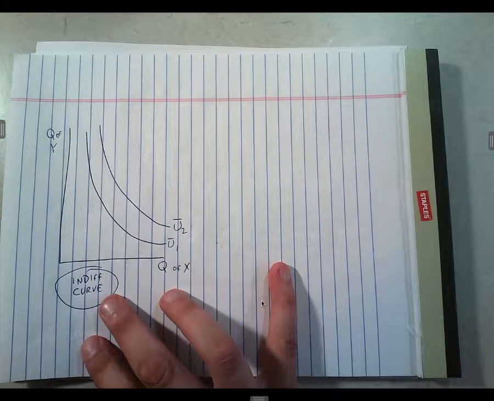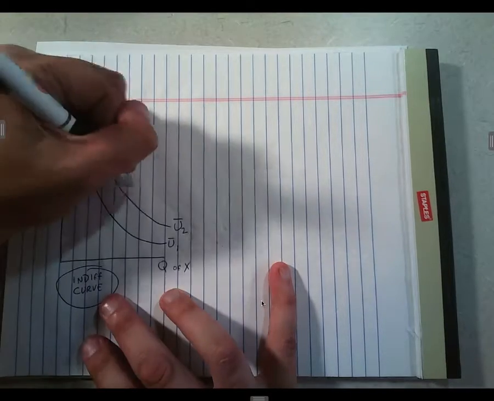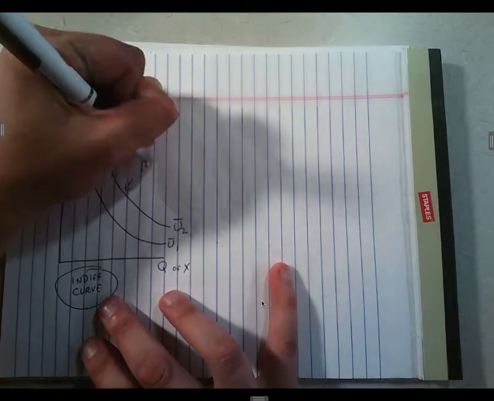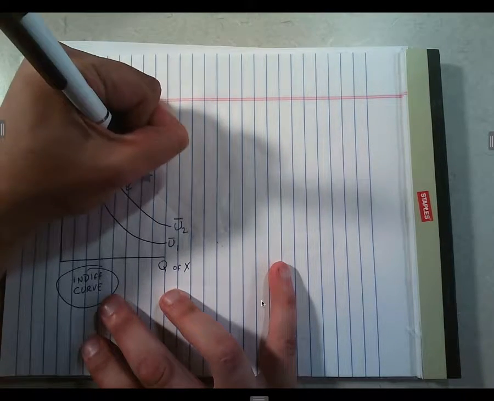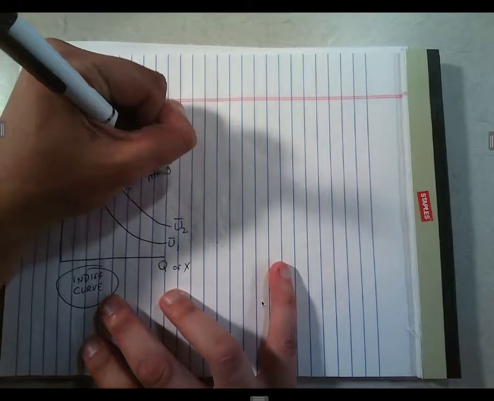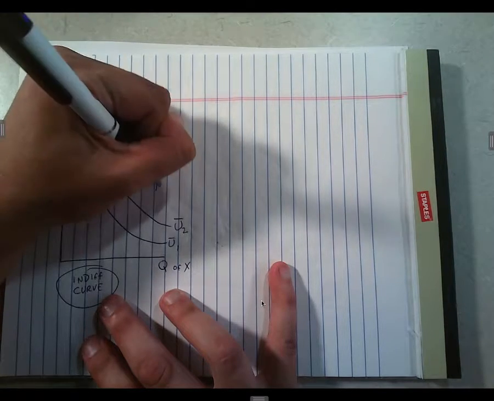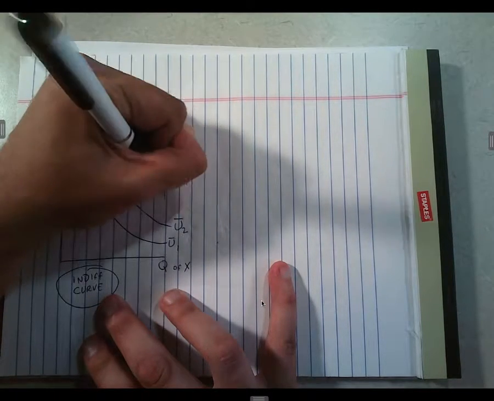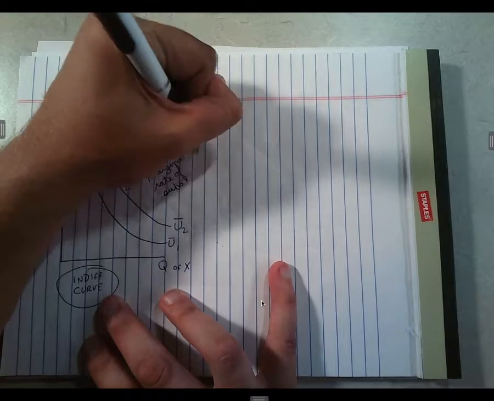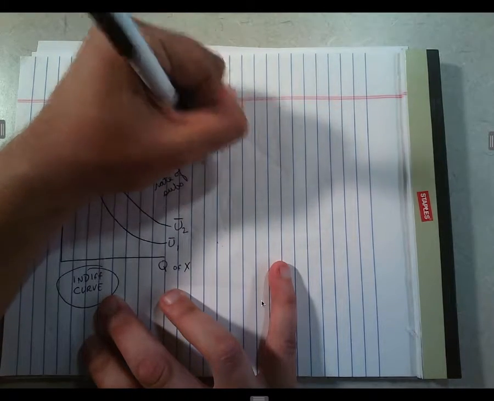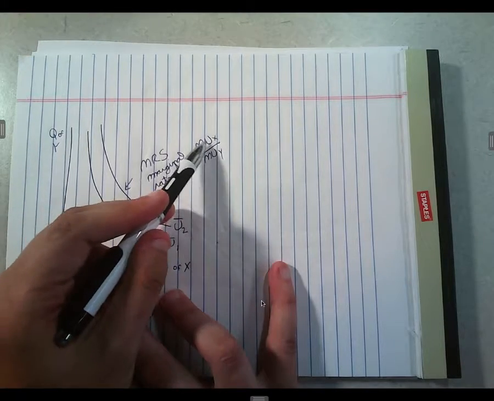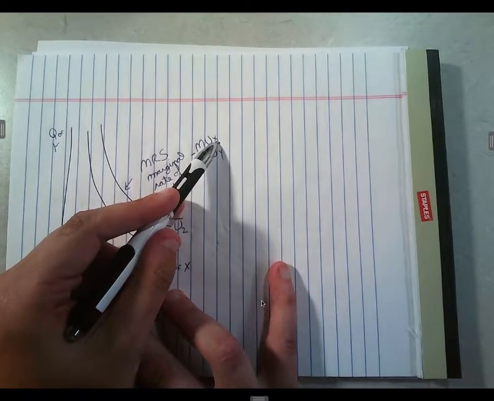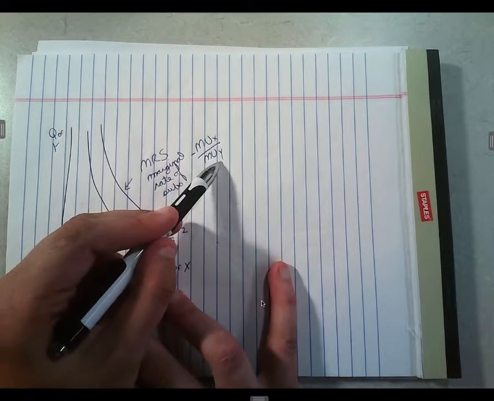The slope of this was called the MRS, or the marginal rate of substitution, which was equal to the marginal utility of the good on the x-axis over the marginal utility of the good on the y-axis.